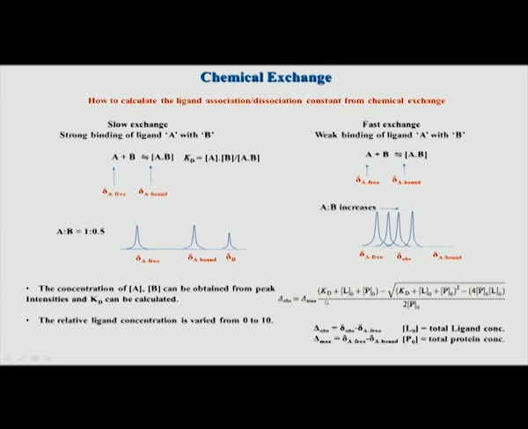So, that is unknown, but your knowns are this value at any given time, and this is the max which you get after adding a large amount of B, and based on these values, this is nothing but total ligand concentration which you know, because you know how much A you have added, and total protein you know because that is how much B you have added. So, based on these two numbers you can calculate the Kd value.